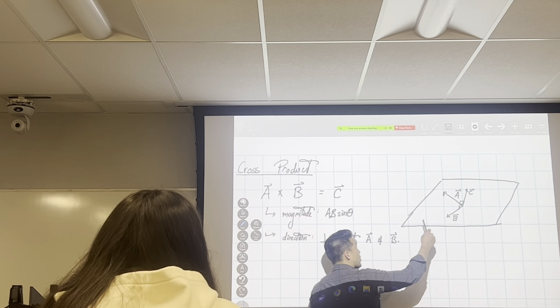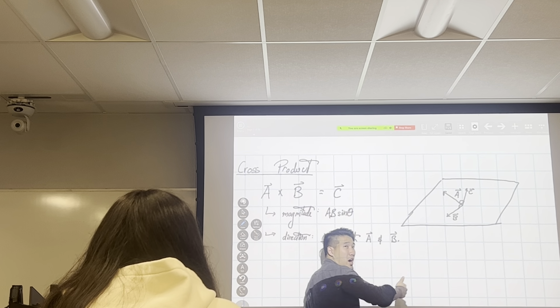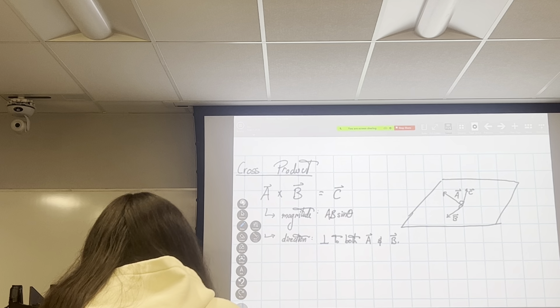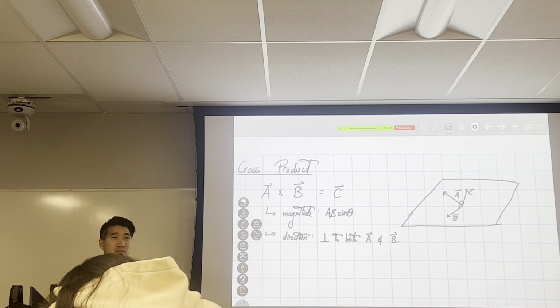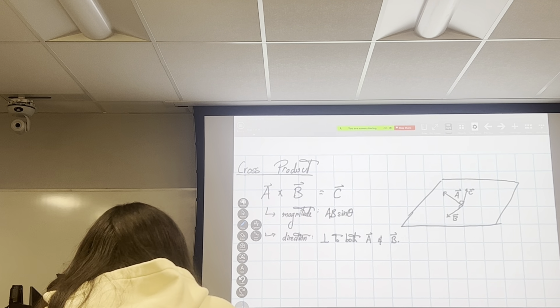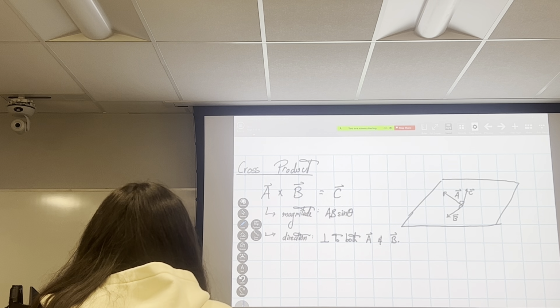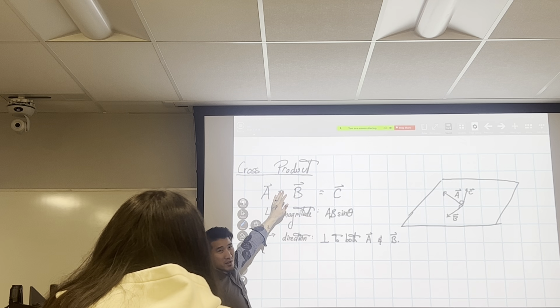So A cross B is going to be a vector C that's going up out of the page. So this is just what the cross product is. Don't ask me why, at least right now, just understand this is the mathematical notation of the cross product.